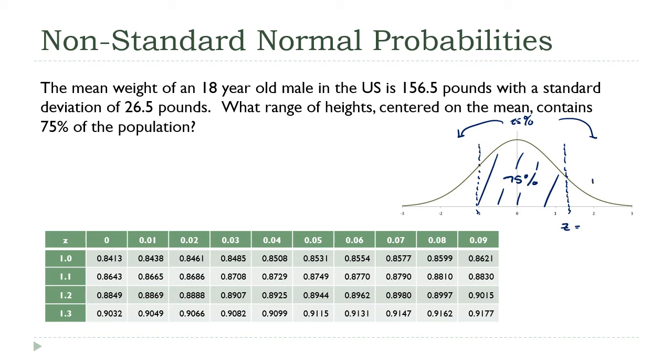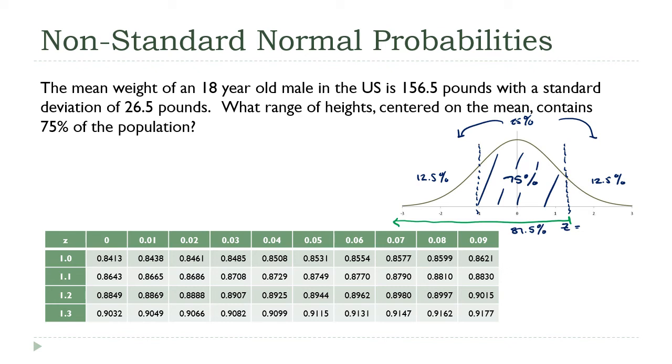That means there's 12.5% over here and 12.5% over here. So the total area to the left of the z-score I'm interested in is 75 plus 12.5. It's 87.5%. That's the number I'm going to look up in the table.